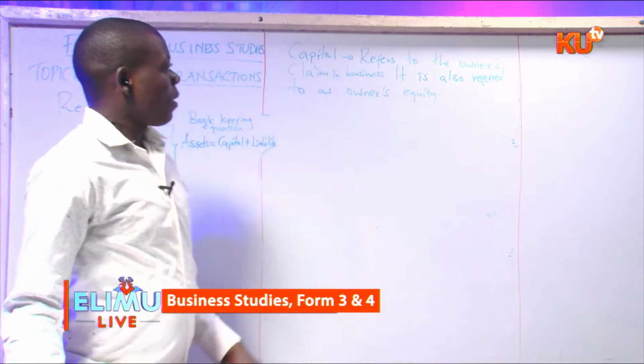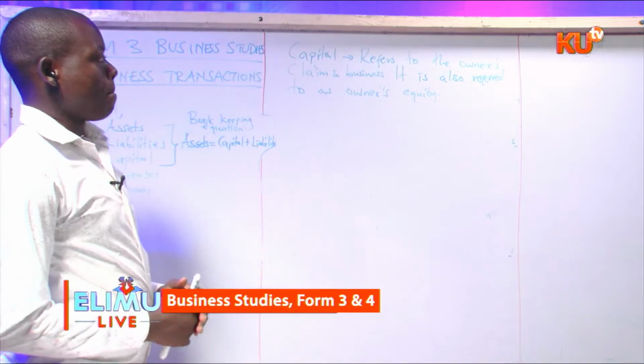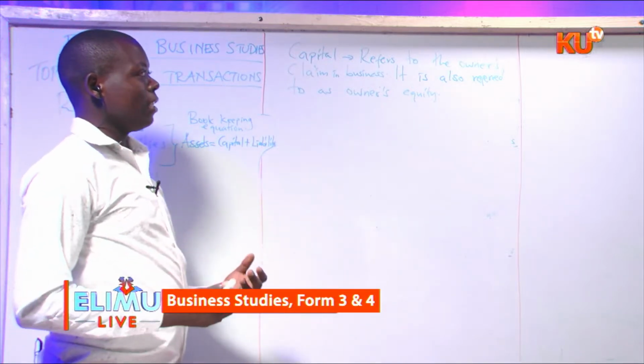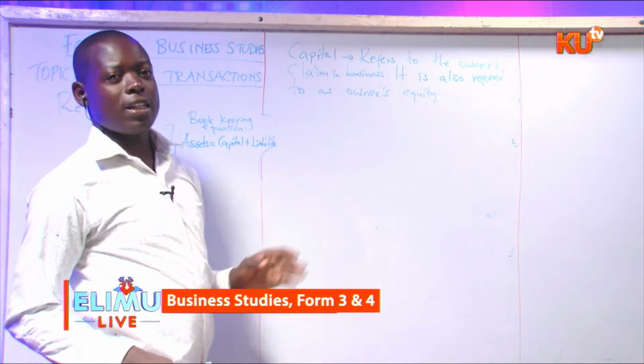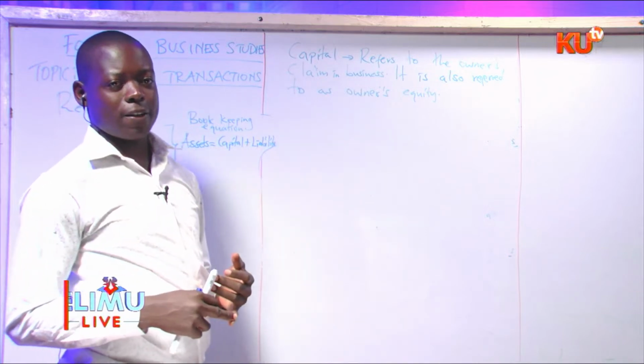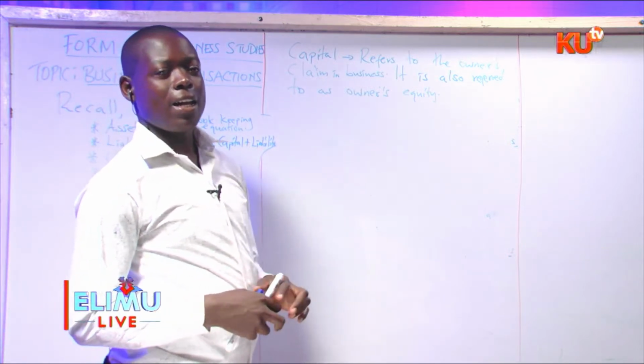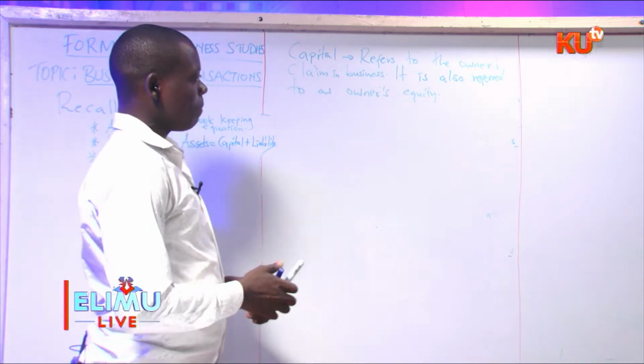And the sense in which we start businesses is to be able to make profits. But again, there are two things that matter. Number one, we must have what we call business growth. And number two, we must attain business survival.